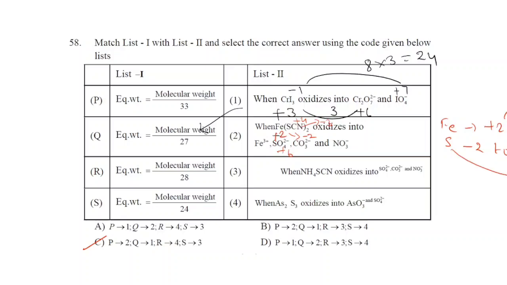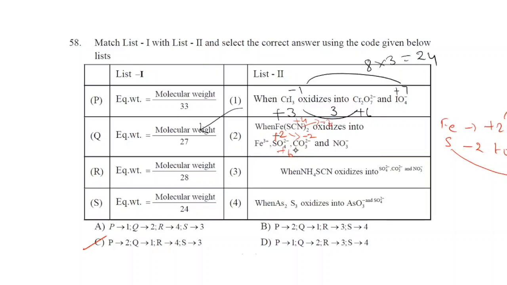There are 2 sulfur atoms, so 2 into 8, 16. And if we consider the carbon, there is no change in the oxidation state of carbon, +4 remains as it is, right?